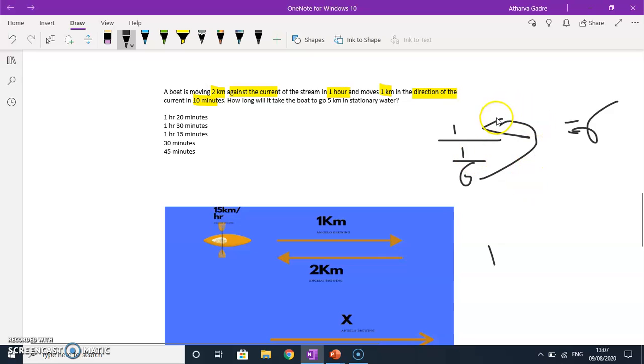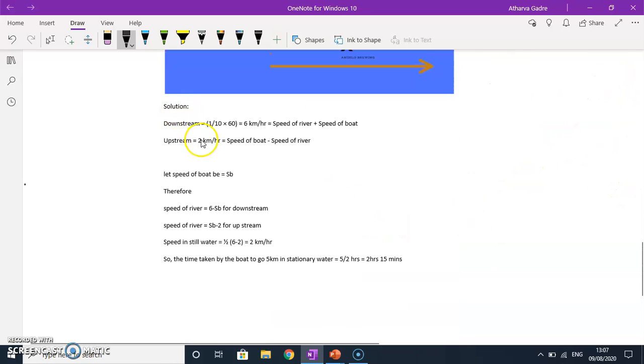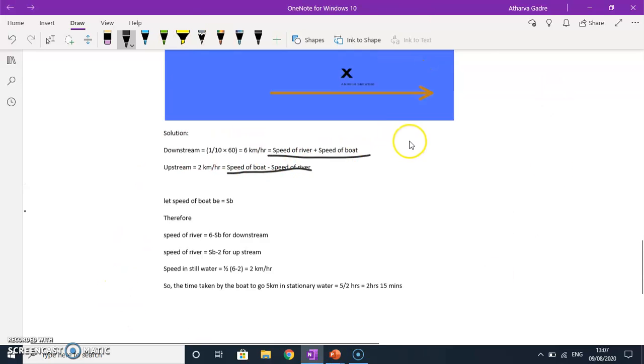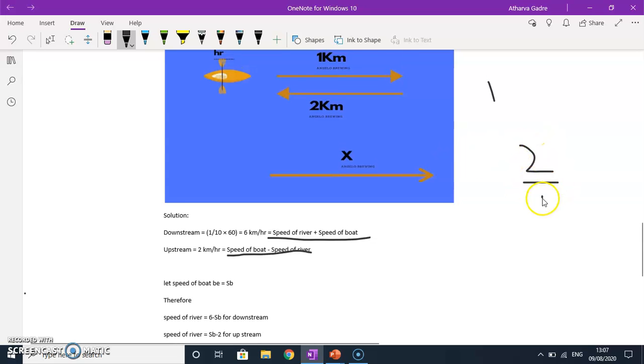So 1 by 6, this 6 goes up here, so this becomes 6 kilometers per hour. Similarly, upstream it is traveling at 2 kilometers per hour, as it travels 2 kilometers in 1 hour. So let us say this is equation number 1 and equation number 2.